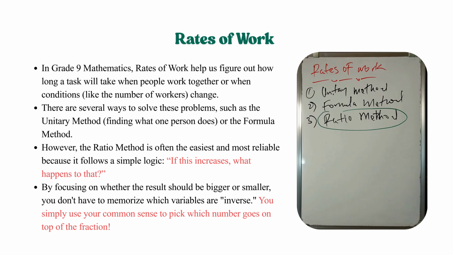We don't have to memorize which variable is inverse or which variable is direct. We'll simply be using our common sense to pick which number goes on top of the fraction.